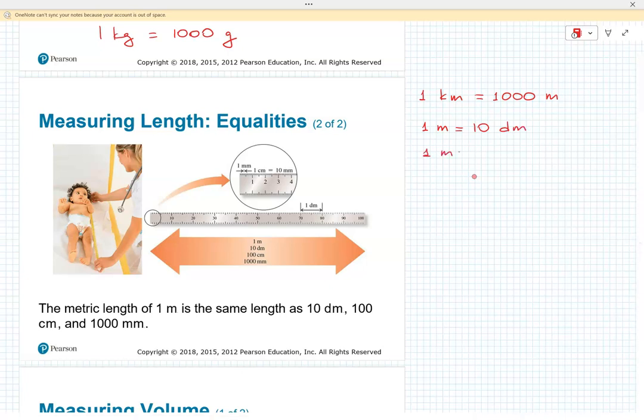Or 1 meter equals how many centimeters? Centi is 1/100th, so 100. Or 1 meter equals how many millimeters? Milli is 1,000th, so 1,000. My bad, extra zero.